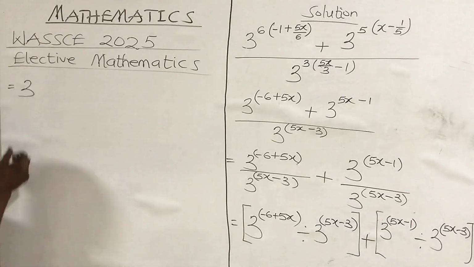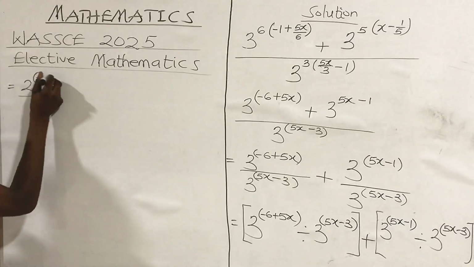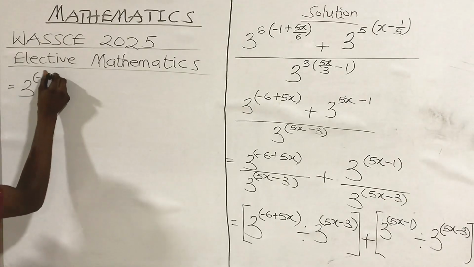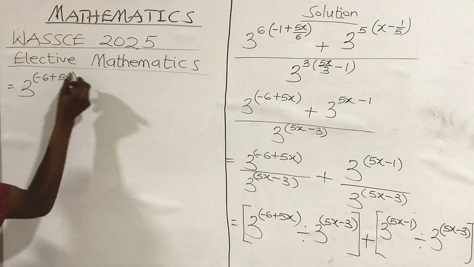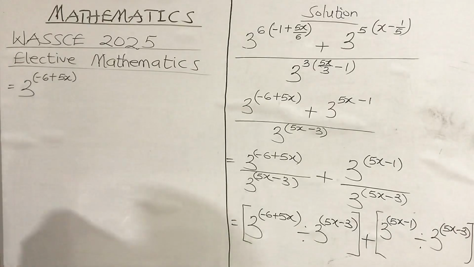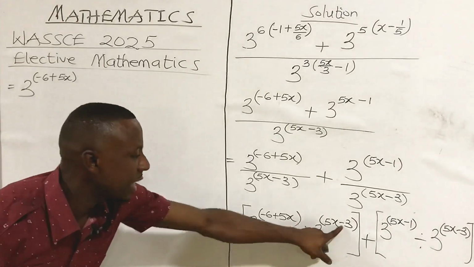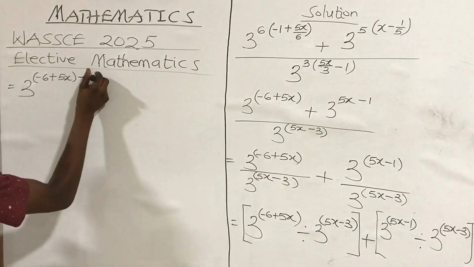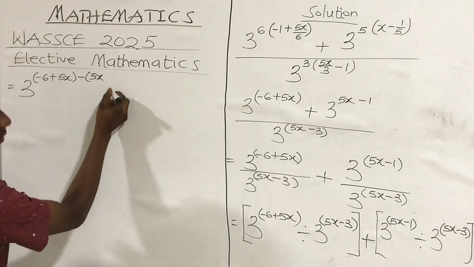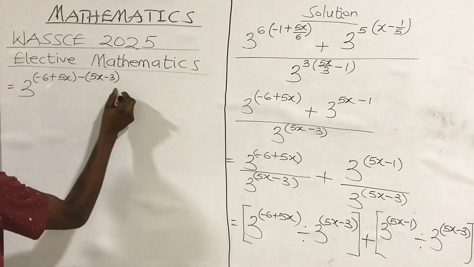So I have 3 exponent negative 6 plus 5x. I've maintained one of the bases, so the exponent minus this exponent: minus 5x minus 3.